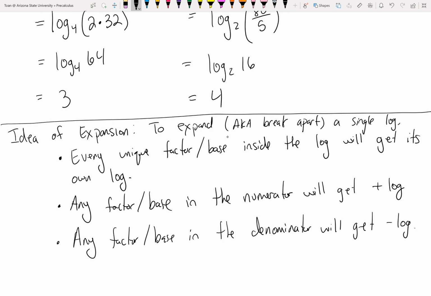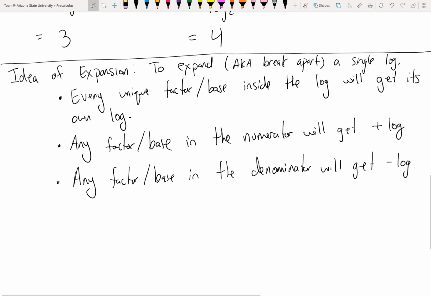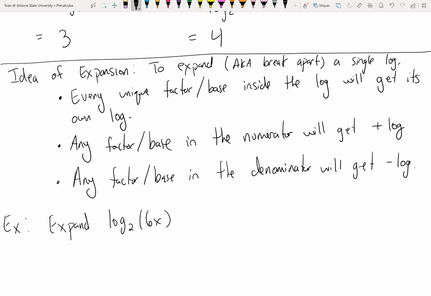Of course, all of this would probably make a bit more sense if we did a handful of examples. So let's do an example here. Suppose I wanted to expand. Let's start off easy and then we'll work our way to the more, quote, complicated ones, which is not complicated at all. Suppose I want to expand log base 2 of 6x. The first thing I want to do is identify all the individual unique players inside of this log in the arguments.